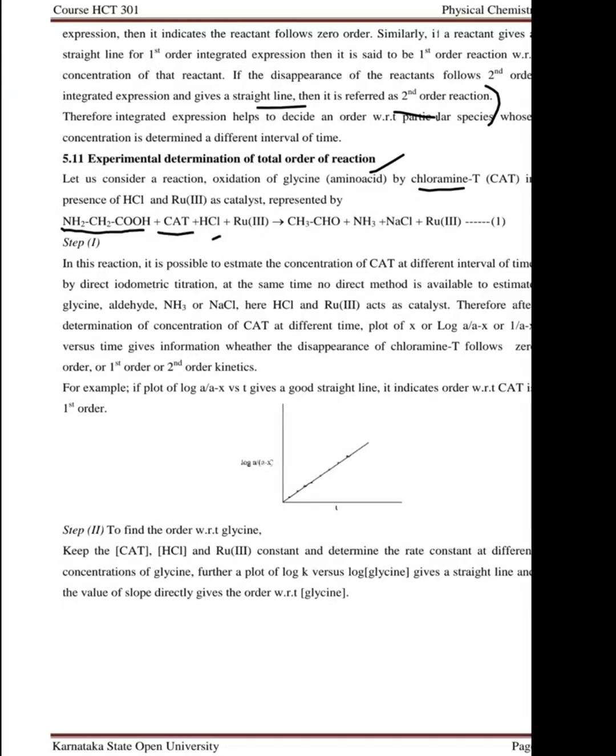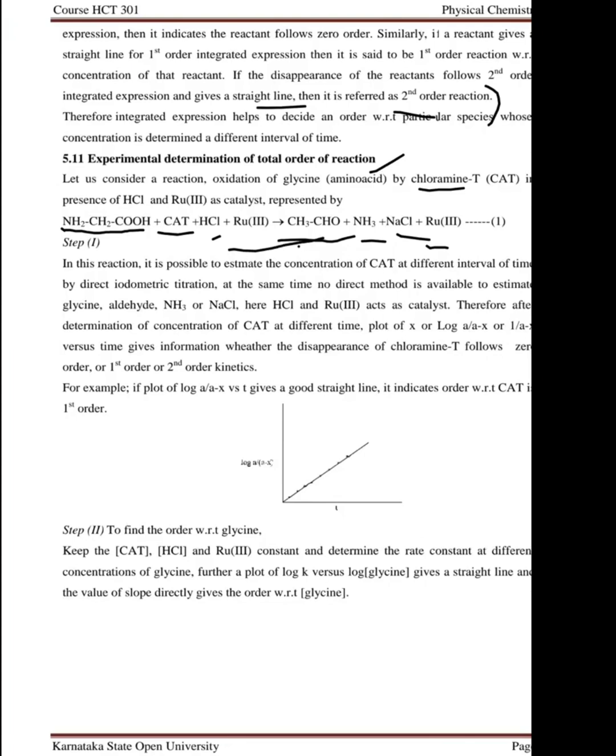The product formed is CH3CHO, acetaldehyde, plus ammonia and sodium chloride and ruthenium. So this is the reaction.